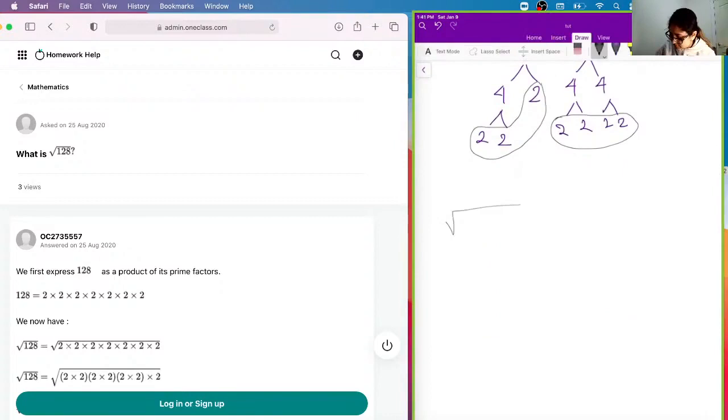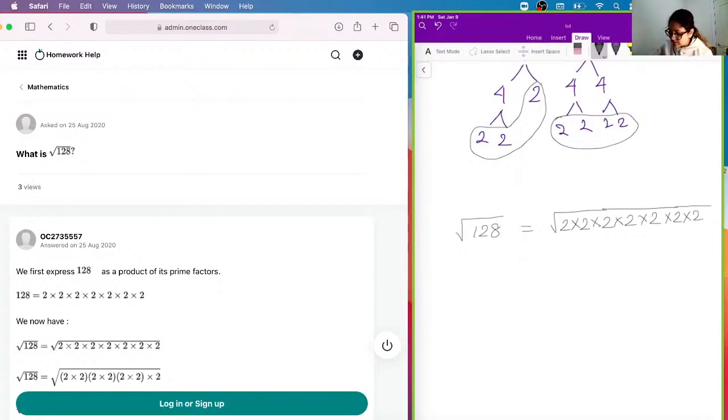So the square root of 128 is the square root of 2 times 2 times 2 times 2 times 2 times 2 times 2, right? We have 7 2's in this case.